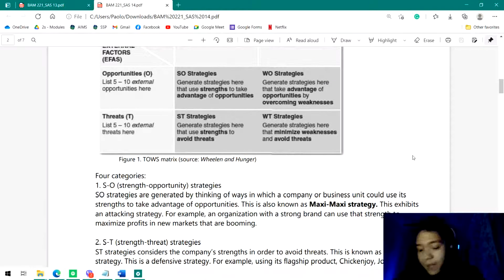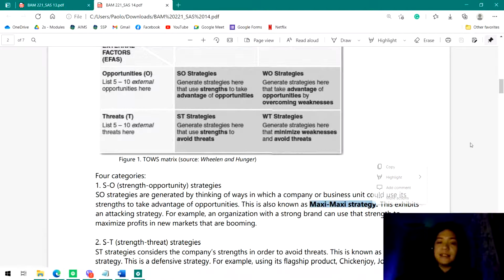The first we have is the strength opportunity strategies. These are generated by thinking of ways in which a company or business unit could use its strengths to take advantage of opportunity. This is also known as the Maxi-Maxi strategy. Ibig sabihin ng Maxi, so it is positive. So Maxi-Maxi, it is both positive.